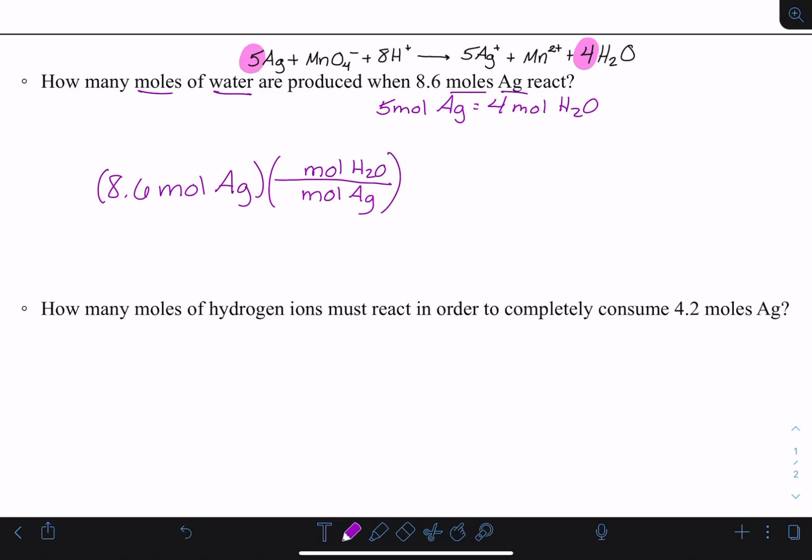And then we just plug in our coefficients. So the coefficient for silver was 5, so that's going to go on the bottom with moles of silver. And the coefficient for water was 4, so that's going to go on the top. So now when we do out that multiplication, we'll end up with 6.9 moles of H2O.